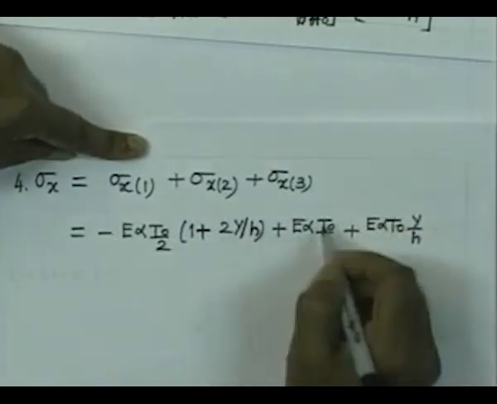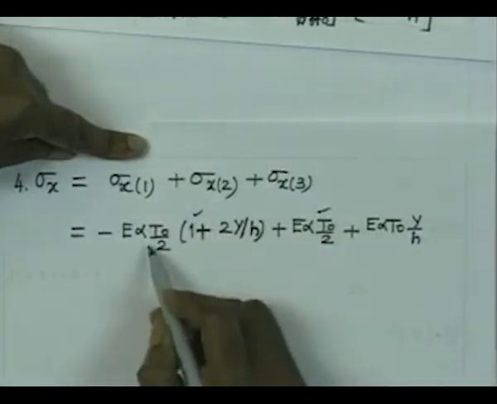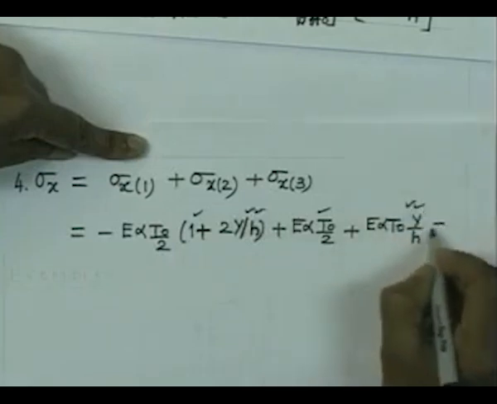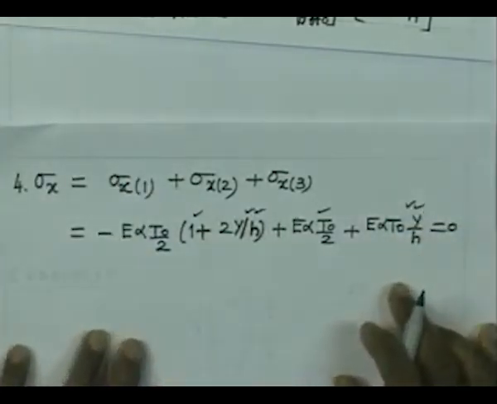You find that this is going to cancel with this first term, and the second one is going to cancel with this term, and finally the total stress is 0. So, this is a very typical situation of linear distribution. In the case of linear distribution of temperature in the height direction in a rectangular plate, you are not going to get any thermal stresses. It will simply bend with uniform curvature.